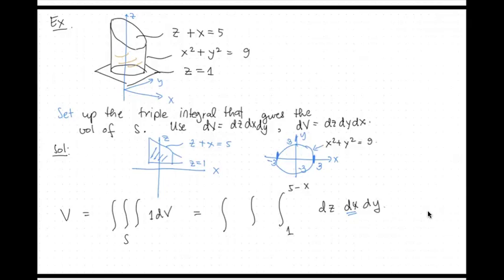So here we are looking at x in terms of y. This is this part here and this part here. So x in terms of y is equal to positive and negative square root of 9 minus y squared.